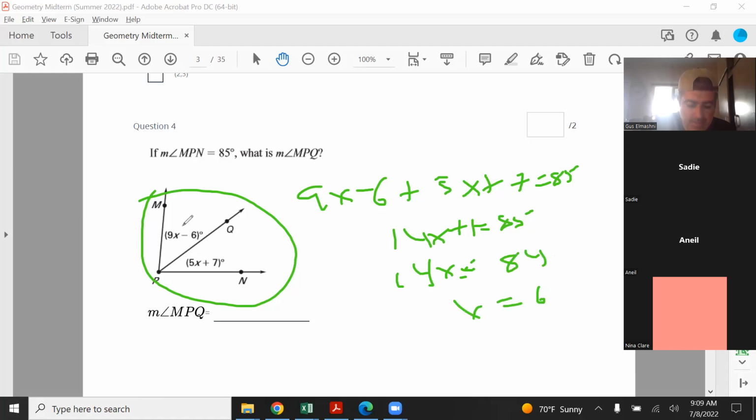If x is 6, then you plug 6 into that, which would be 54 minus 6, or 48. So NPQ is 48 degrees. So that's that one.